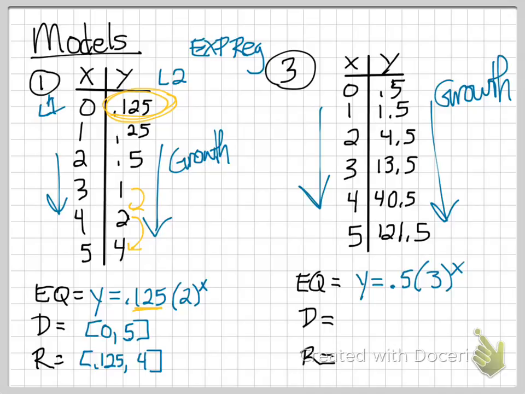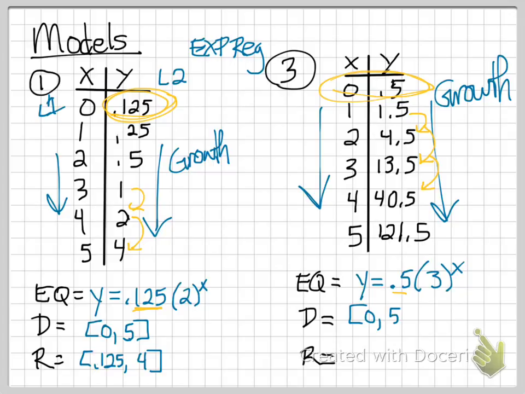Well, that makes sense. 0.5 is my first value, so it should be my a. Double check it. Multiply each of these numbers. 0.5 times 3, 1.5 times 3. Do you get the next number in the table? Good job.